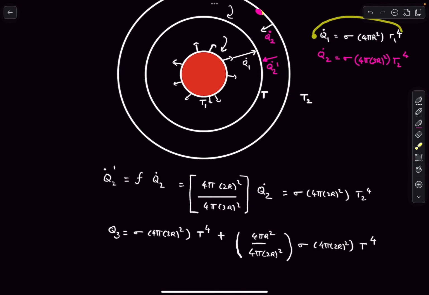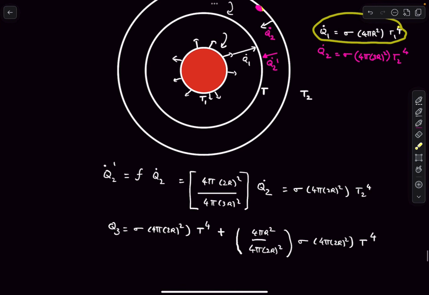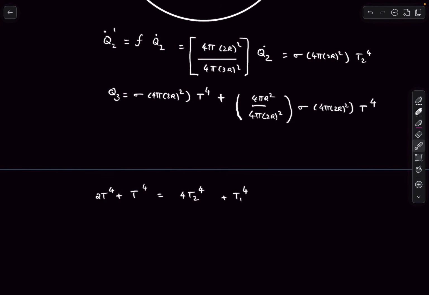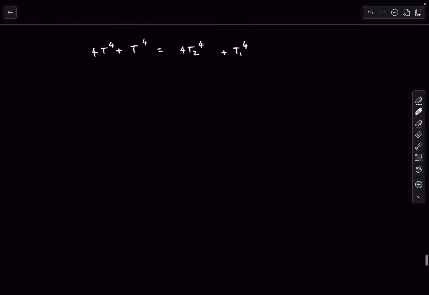And from this term, we'll get T1 to the power 4. Wait, so this would be a 4 T to the power 4. Okay, so that's basically it.